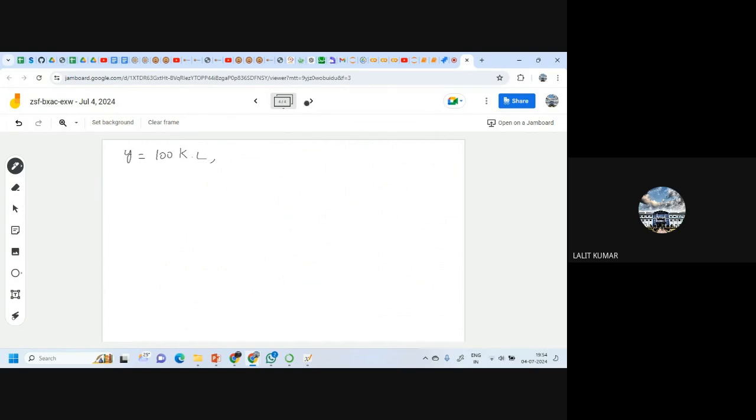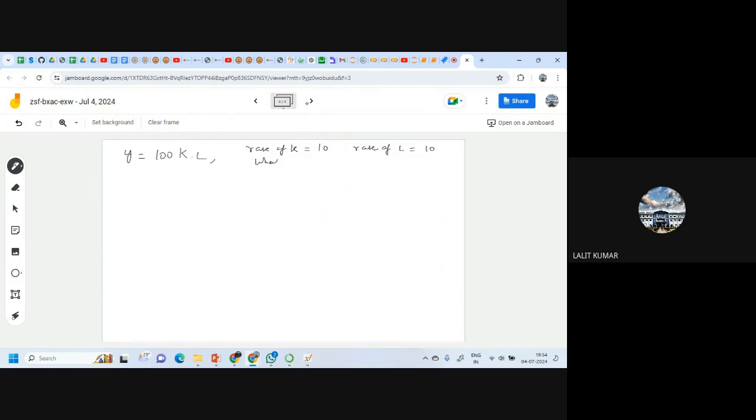In this they have given rate of k is equal to, for example, 10, and rate of l is equal to, this also we will take 10.